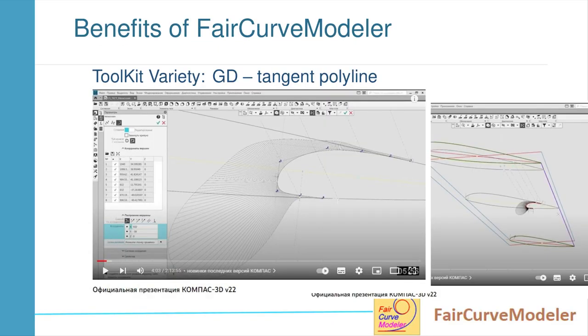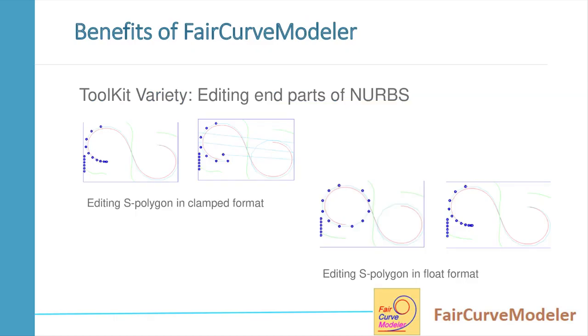The method of constructing a curve on a tangent polyline was liked by aircraft designers. From the official presentation of Compass 3D version 22: constructing a wing profile on a tangent polyline. The differential characteristics of the spline curve are determined by the divided differences of the S-polygon in float format.